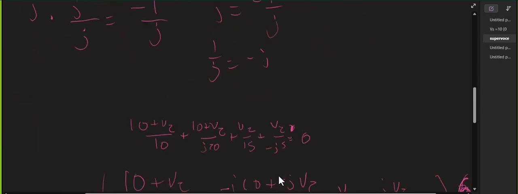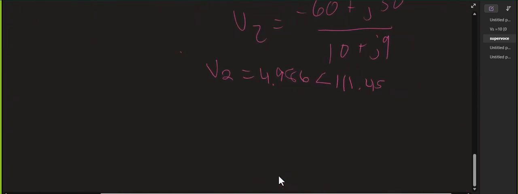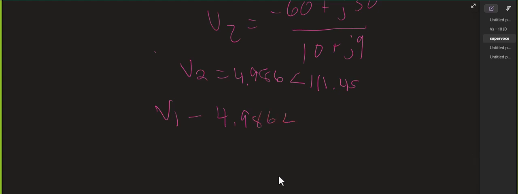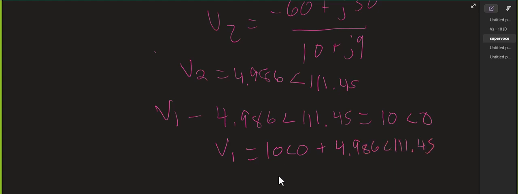Now, we know that V1 minus V2 equals 10 angle 0. So V1 minus 4.986 angle 111.45 equals 10 angle 0, and that means V1 equals 10 angle 0 plus 4.986 angle 111.45. But these we can't add together easily. If you had to do this without a calculator, you would change them to rectangular and then add them together.